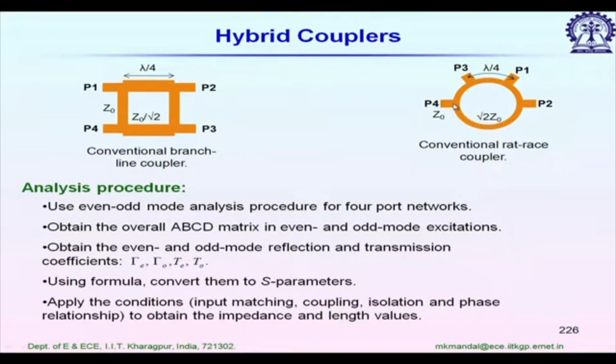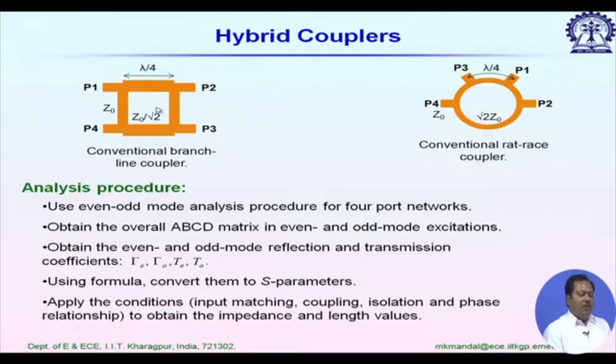This longest arm length is 3 lambda g by 4. So, altogether it has a circumferential length of 3 into lambda g by 4 plus 3 into lambda g by 4 for this bottom part, and the characteristic impedance of this line is uniform throughout, and it is given by root 2 multiplied by Z naught. So, it is 70.71 ohm. This is using transmission line theory.